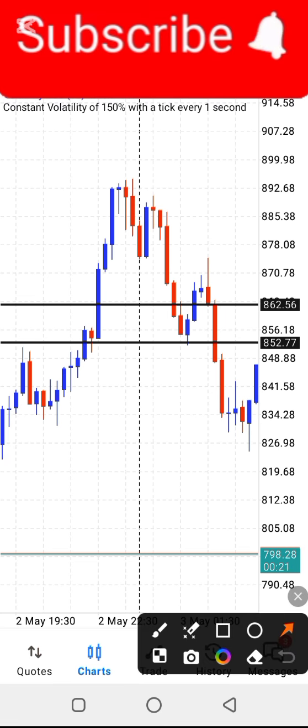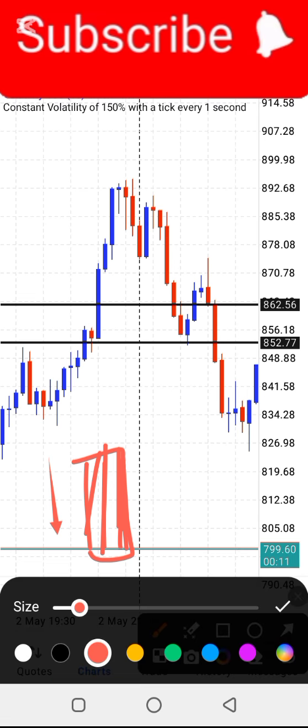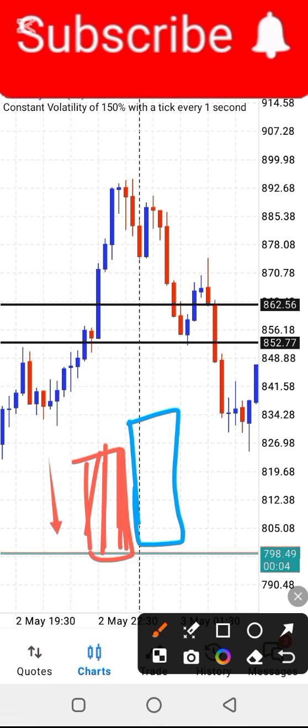Whereas if it's the other way around, whereby you have a bearish candle like this, for example, and it happens to be followed by a bullish candle like this. So the order matters. Which one comes first matters.